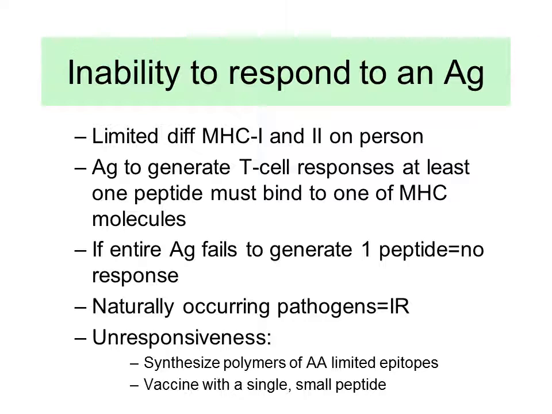And finally, you are unresponsive because you cannot basically synthesize polymers of amino acids, especially in the case when there's a vaccine with a single small peptide. You prepare a vaccine which just has a small peptide, the chances are it's not going to be a good vaccine because you're going to hit or miss because of the size of that.